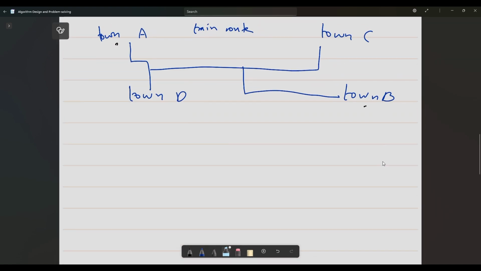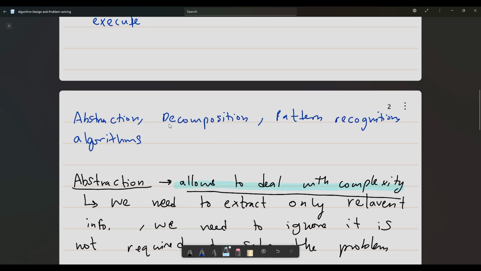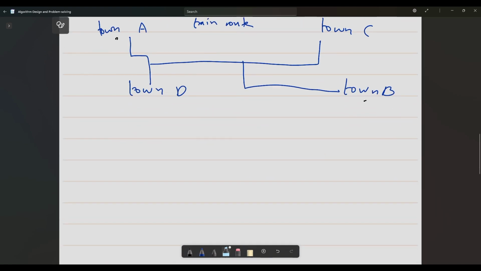Okay, so moving on, next is decomposition. Decomposition, it's clearly in the name.